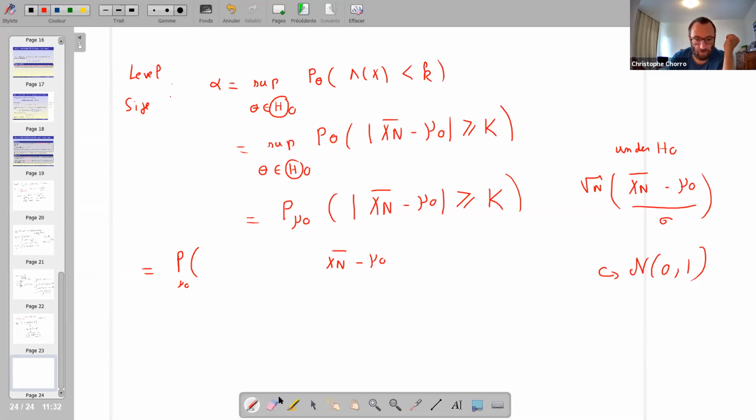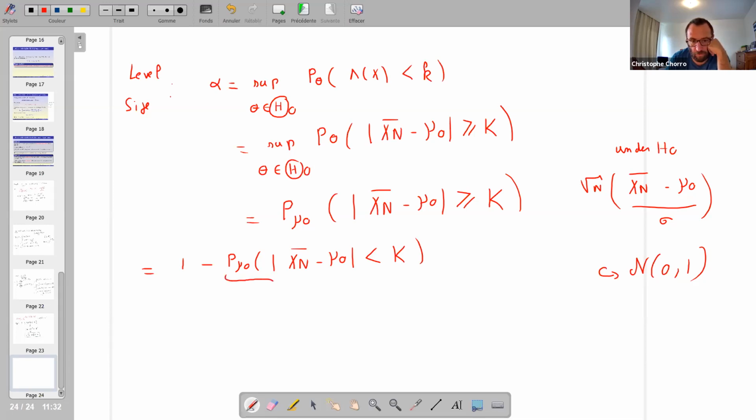Let me do it in a clever way. This probability I can write this way: 1 minus the probability under mu 0 that the absolute value of xn overline minus mu 0 is strictly less than k.